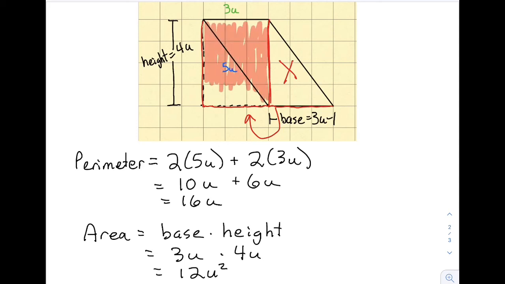So we end up with this rectangle, and we can literally just count the square units inside. 1, 2, 3, 4, 5, 6, 7, 8, 9, 10, 11, 12. So our area is 12 square units, and we need to be careful not to have it 3 times 5 or 15 square units because that does not correspond.